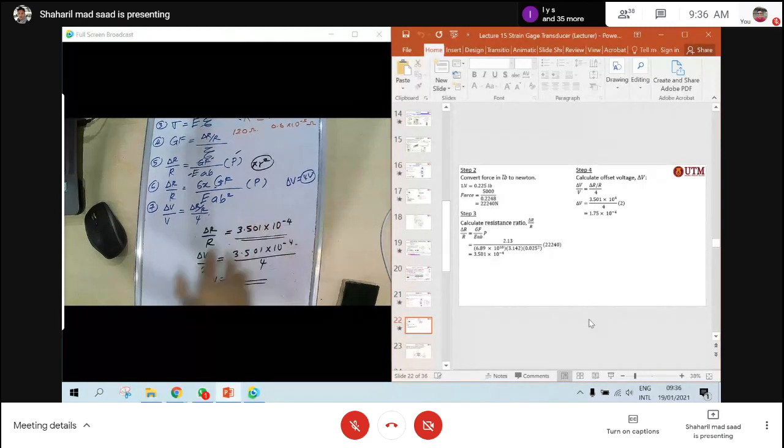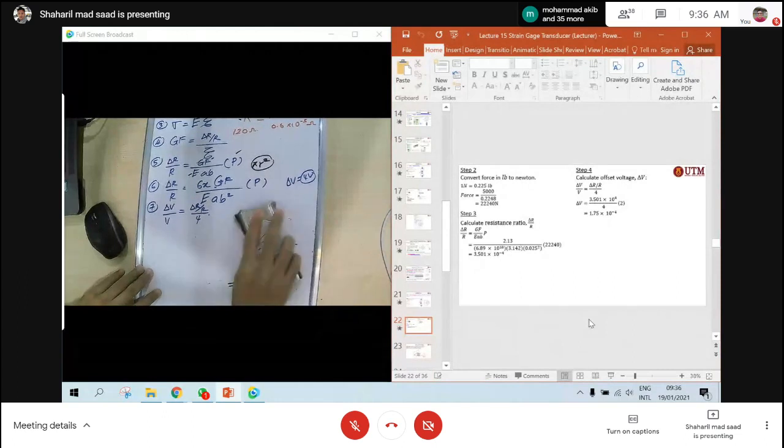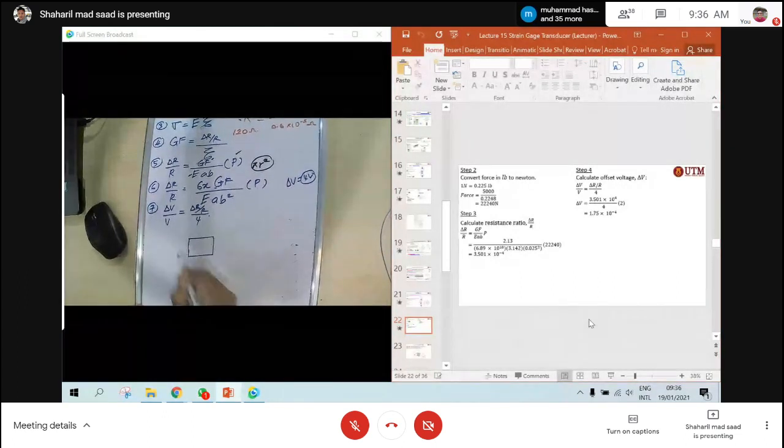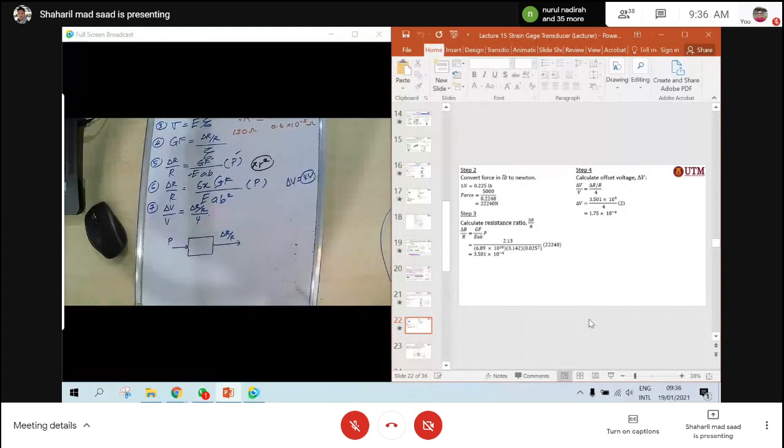So for the load cell that you apply, you got your load cell, right? This one is P, and the output will be delta R over R, and then this one will be delta V. That is the relationship.